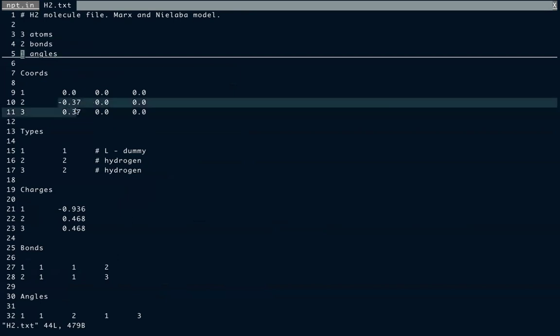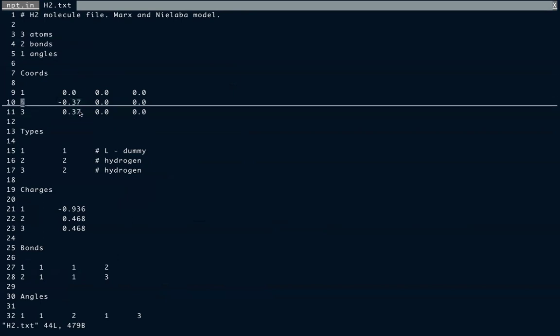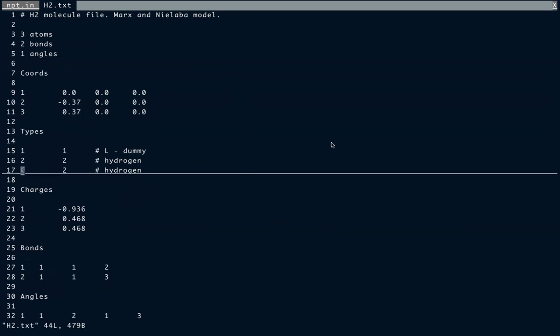Once again, the coordinates of these are specified. The bond length is 0.37 angstroms. And the important thing to notice here is that there's a dummy atom sitting at the center of the hydrogen molecule, the hydrogen rigid rotor. And that is what you have to consider here.